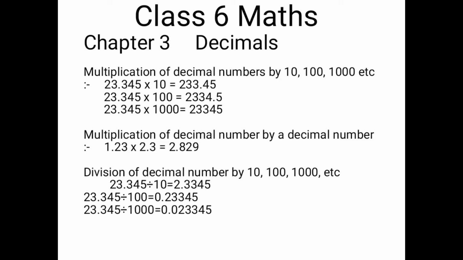Next, we have division of a decimal number by 10, 100 and 1000. We will take the same example as the first one, 23.345. So if we divide 23.345 by 10, here if we multiply, the decimal point goes to the right side, right?